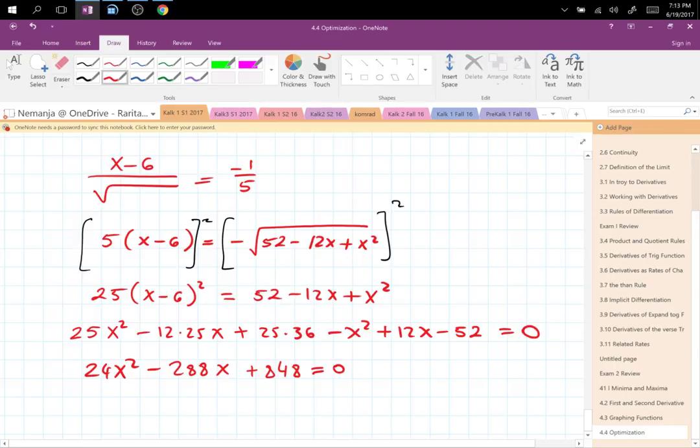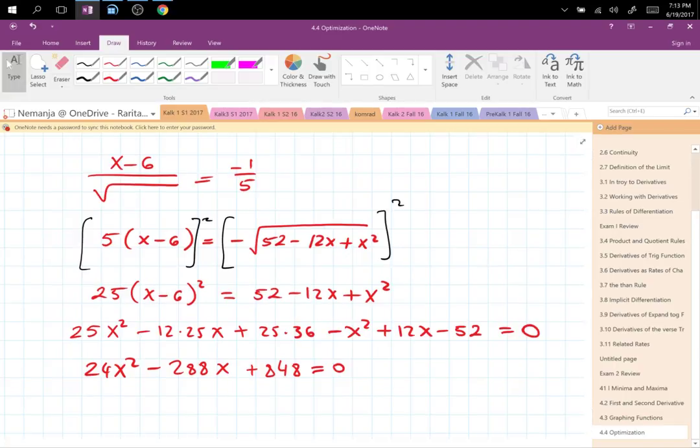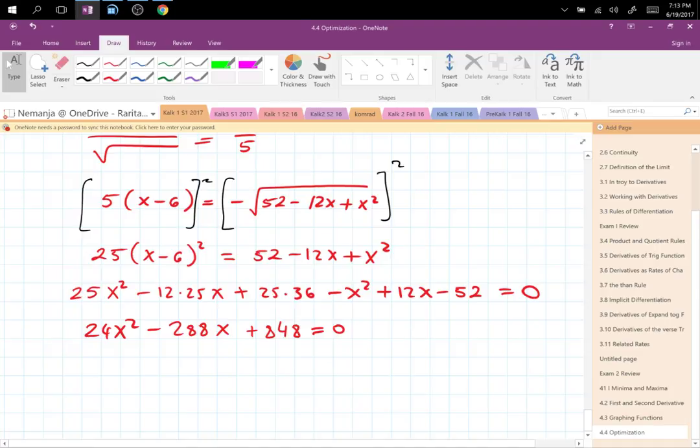But now we're out of luck, well, we're not, because we can divide by 4.